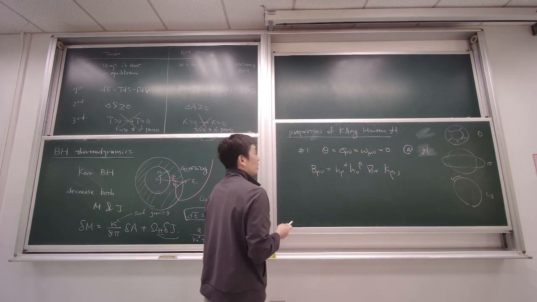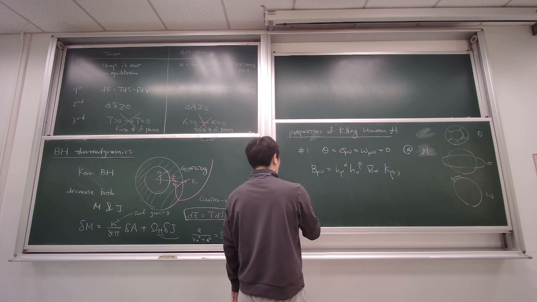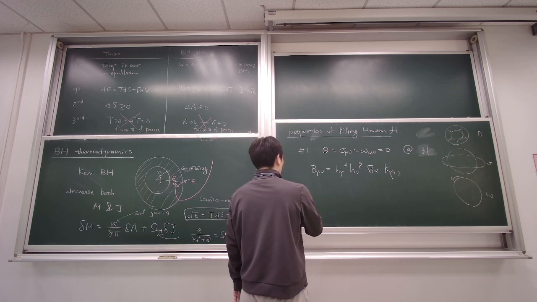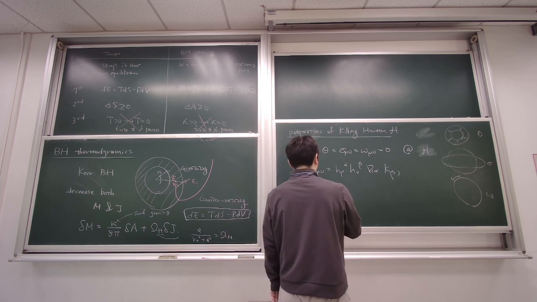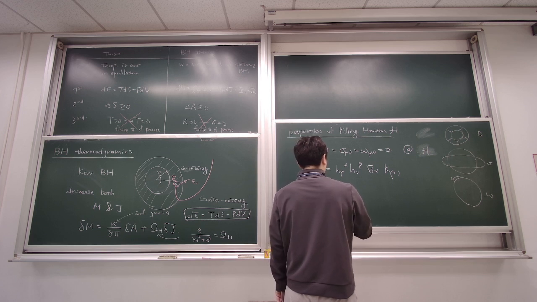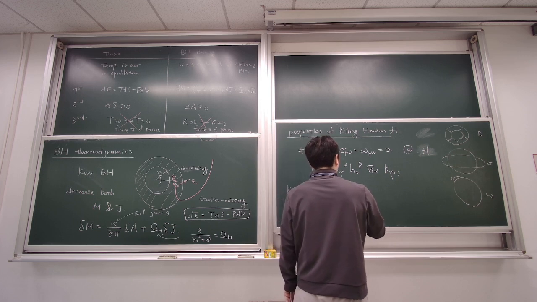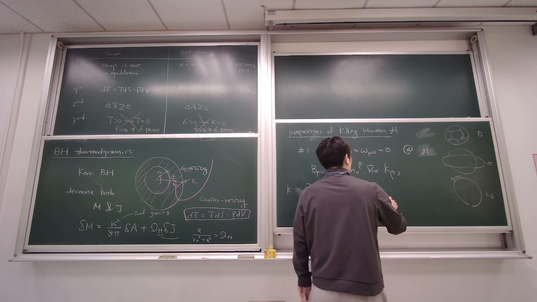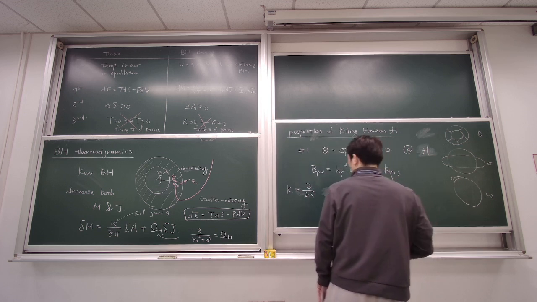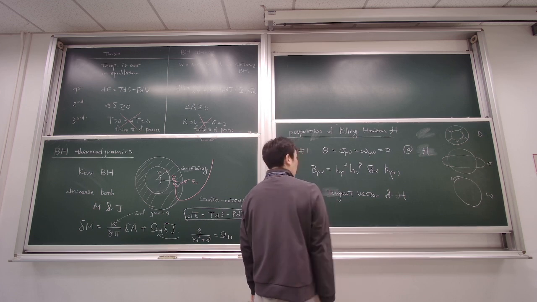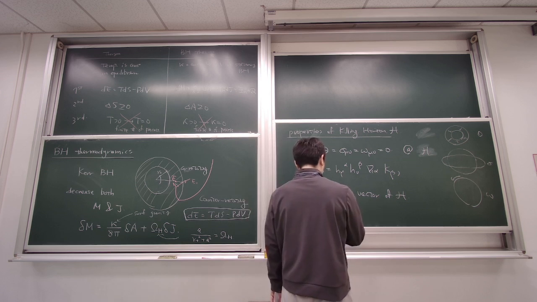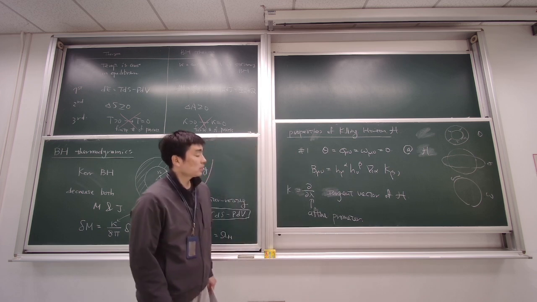I should mention that k is the null tangent vector of the Killing horizon, and lambda is the affine parameter of the null geodesic. So this is the definition.